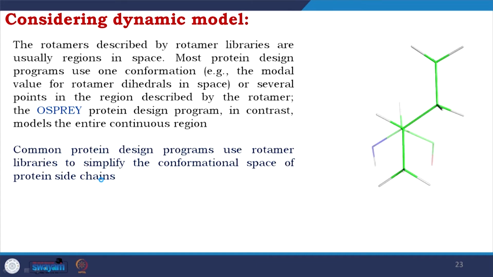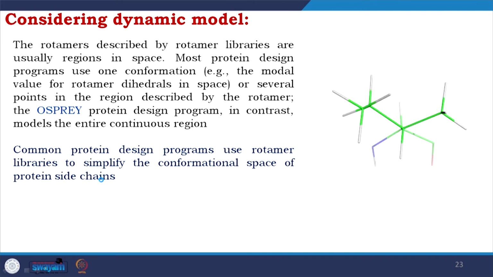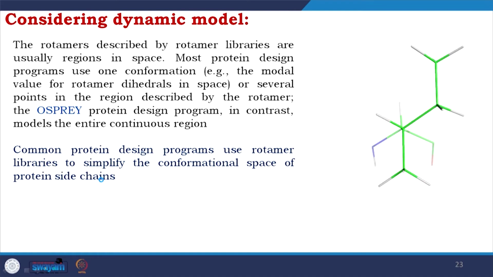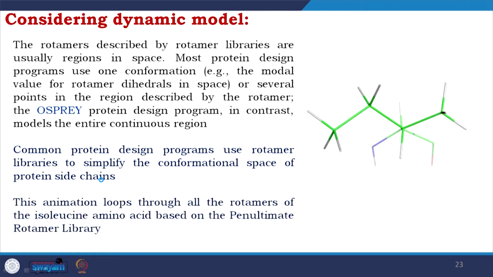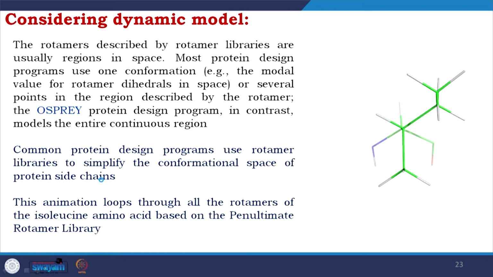So, the common protein design programs use rotamer libraries to simplify the conformational space of protein side chains. If you look at this animation, it loops through all the rotamers of the isoleucine amino acid based on the penultimate rotamer library, which is one of the premier libraries at the initial stage of protein designing provided by Richardson.